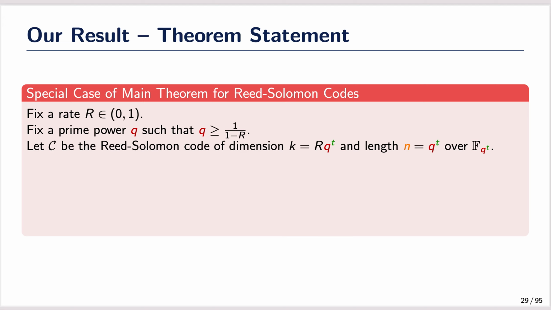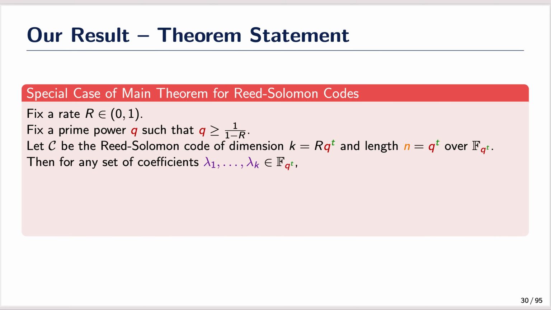So n is q to the t. And okay, really important, now we have little q. So big Q from before is just going to be little q to the t, and I'm going to keep little q in red to remind you that there are two different fields now.